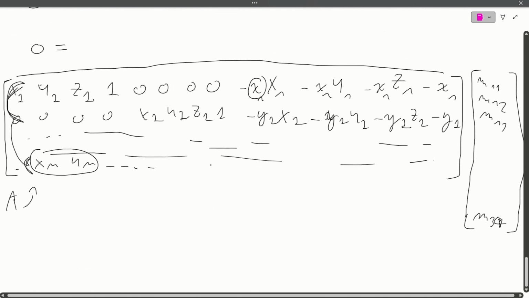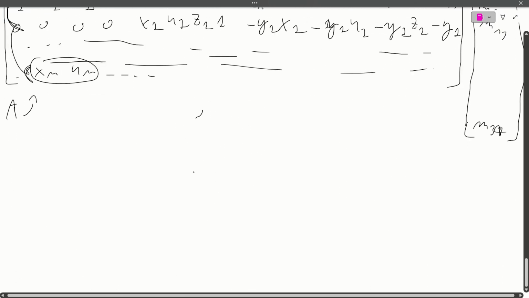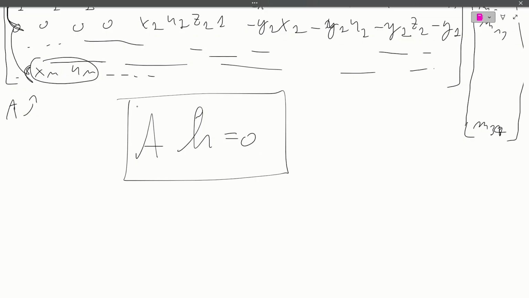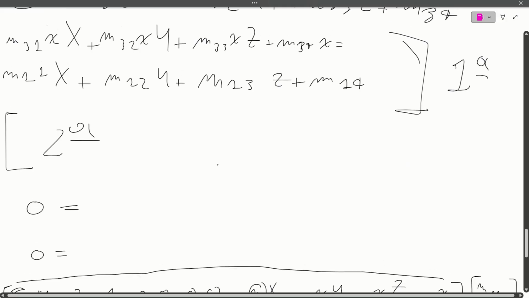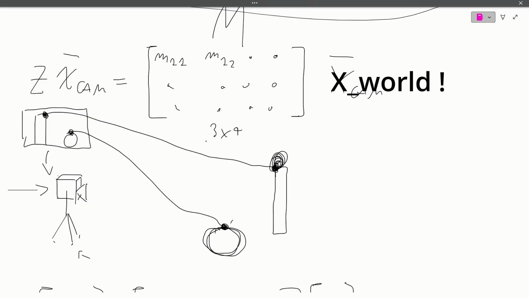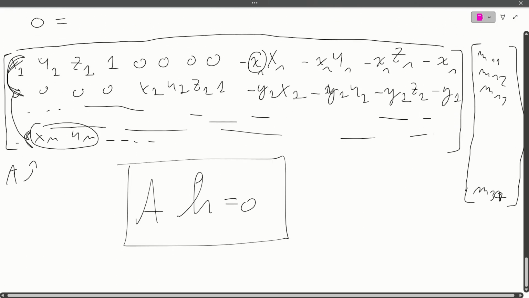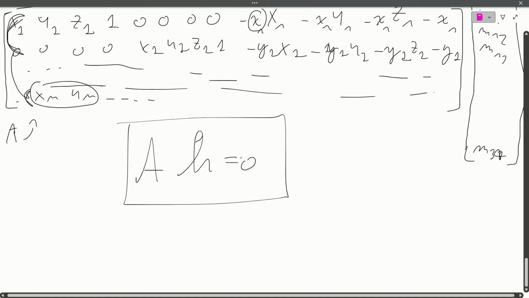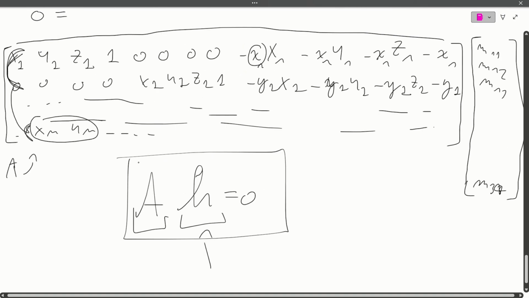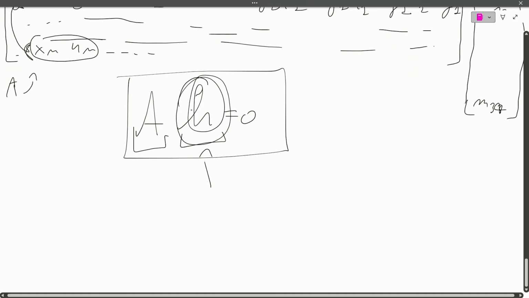So we will obtain this linear system that can be rewritten as something like Ah equals 0. This is what I have to solve now. It's clear: we have to find correspondences between real world points and digital image points, and we can do that. Rewriting everything in a simpler way, we obtain Ah, where h is unknown and A is known. So we want to find h.